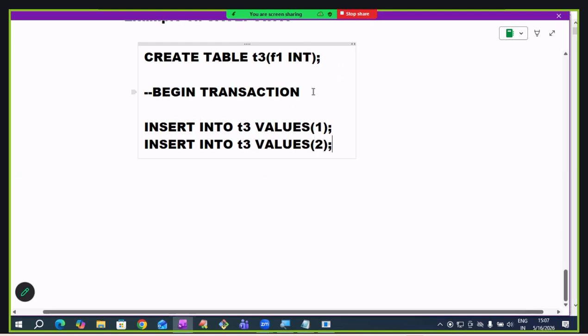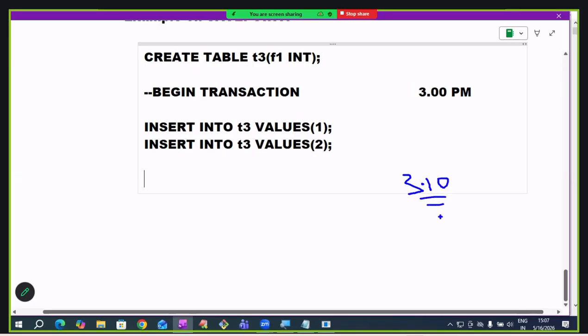Some actions performed here. My transaction started at 3 o'clock. For easy understanding purpose, I'm taking it like this. Now assume the time is 3:10. For easy understanding purpose, I'm taking it in the form of minutes.